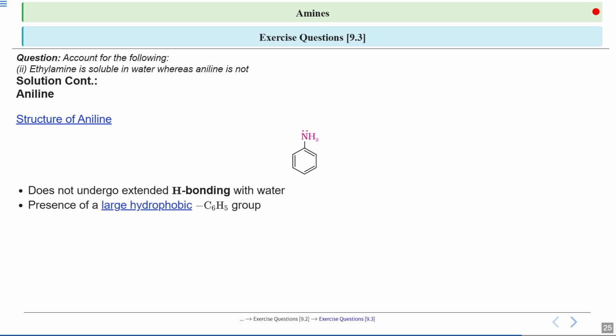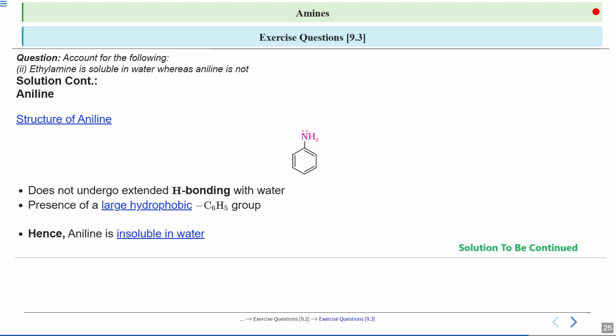There is a presence of a large hydrophobic group. Hydrophobic means water repelling. This C6H5 is a large hydrophobic group, which reduces water solubility and increases molecular interactions with non-polar surfaces. So aniline is therefore insoluble in water.